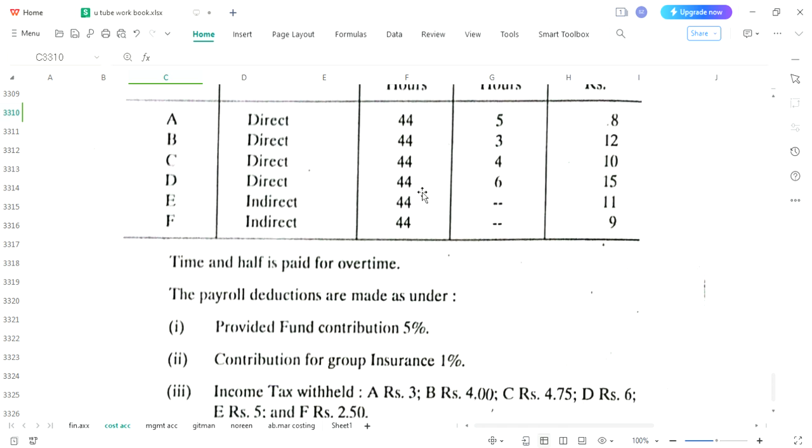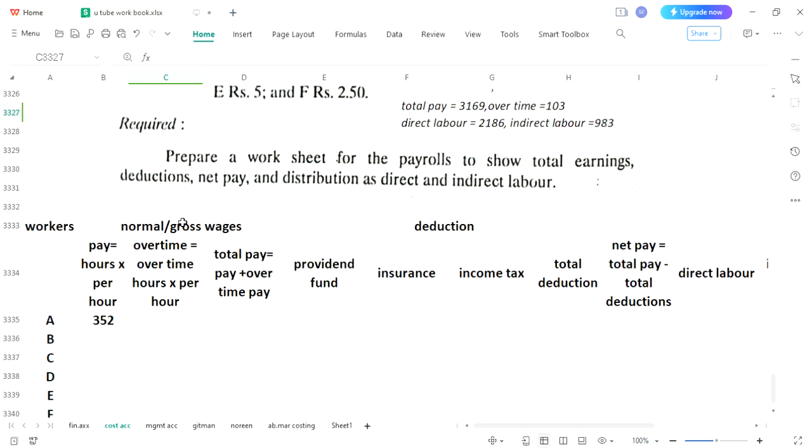I am going to let you know about overtime. For the first worker, overtime hours are 5 and rate is 8. Come over here and I will calculate 5 hours multiplied by per hour 8 and multiplied by how much? 1.5. In this way you can calculate your overtime payment. So we have got 60.